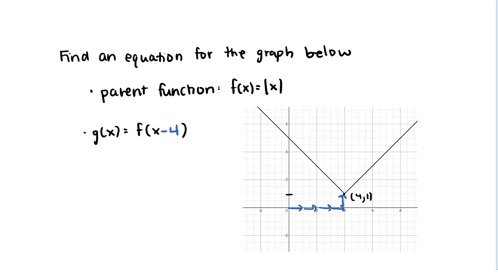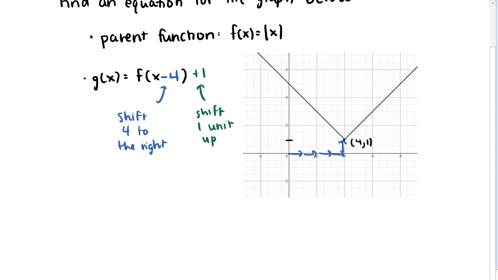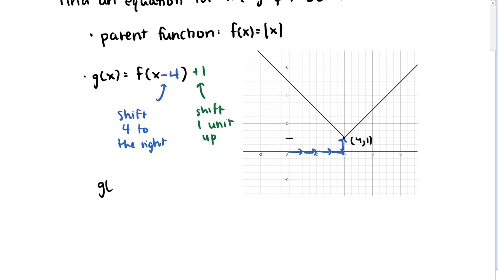That is the transformation we need to apply to shift 4 to the right. And then if it's going to be shifted up 1 unit, there should be this plus 1 at the end that shifts 1 unit up. So g of x can be expressed as g of x is equal to the absolute value of x take away 4, plus 1.